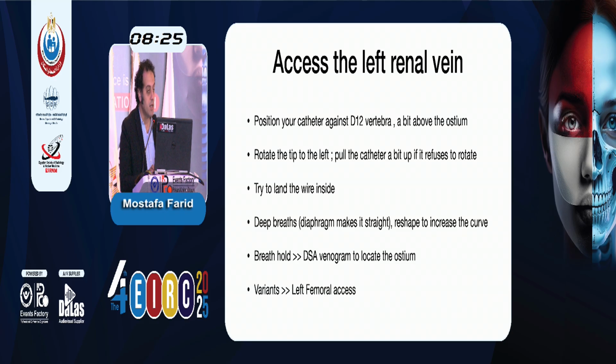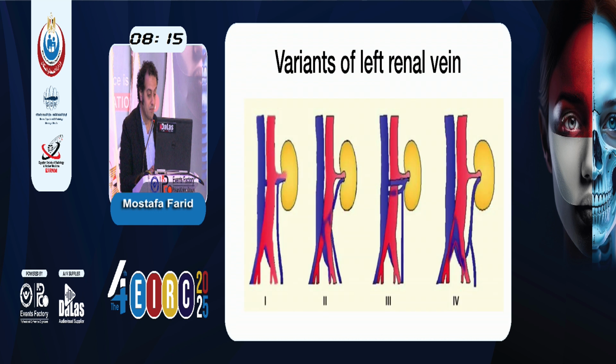So it's a very good idea to use another curve like a multi-purpose catheter, or you can give a little curve to your Bernstein catheter. And always keep in mind, if you search for the renal vein and you cannot find it, there are variants for the renal vein, and they are not rare.